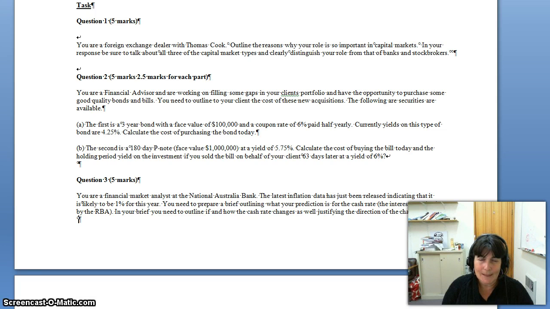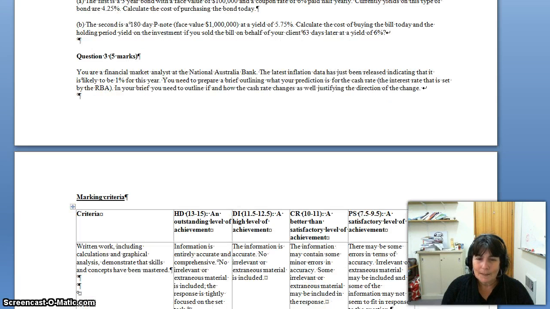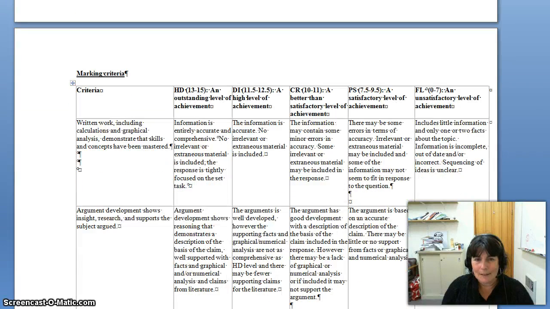And then if we have a look at the marking criteria, you'll see the first criteria, and I've based these criteria on skills. So your written work including the calculations, so that includes question 2. I'm going to use this marking criteria across all 3 of those questions. It demonstrates skills and concepts.